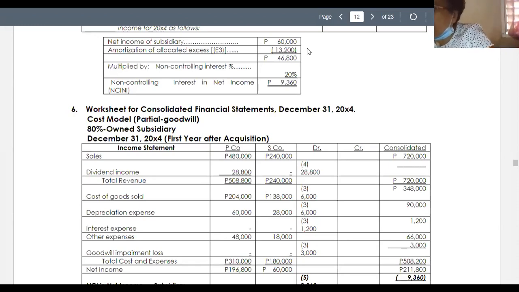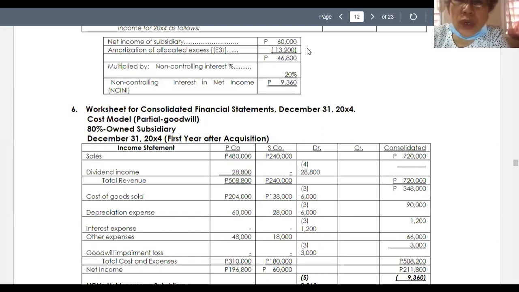So we have now for the parent in the amount of 480,000 and that of the subsidiary in the amount of 240,000. So we have 480 and 240. So consolidated working paper here.